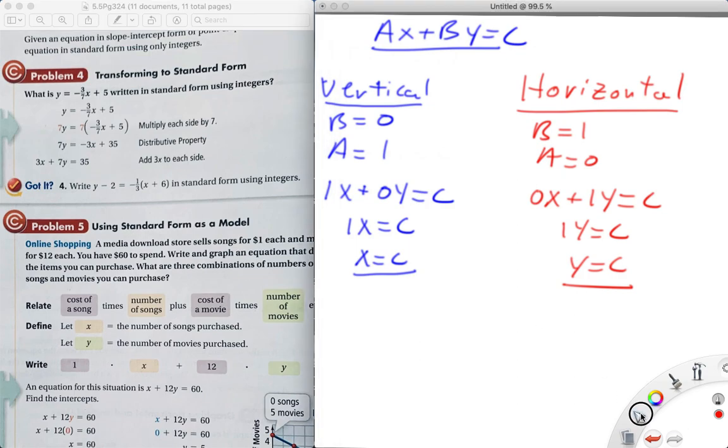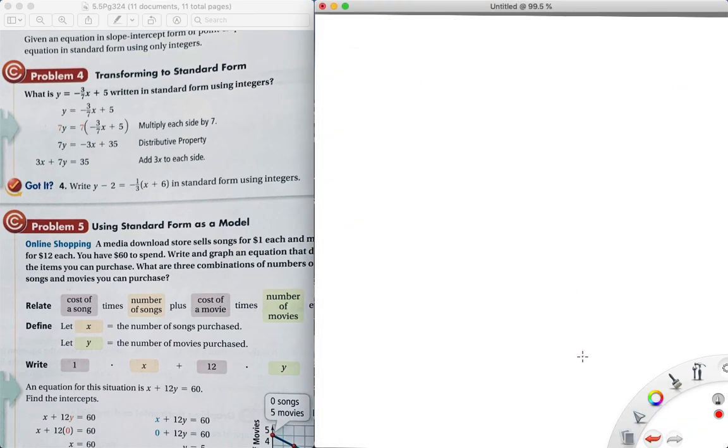Transforming into standard form. So remember, for our standard form, Ax plus By equals C, we can't have any fractions.